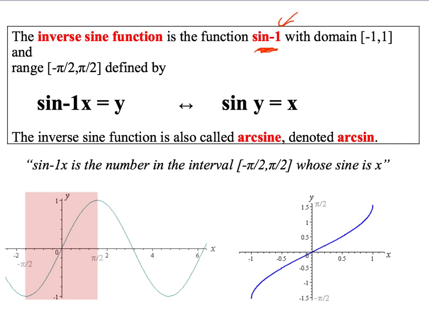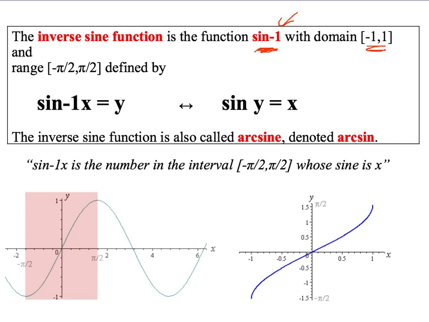The inverse sine function has a limited domain of -1 to 1 because we have to remember about inverse functions. What a function does, the inverse undoes. We're dealing with the inverse sine function, so we need to look at what the sine function does.